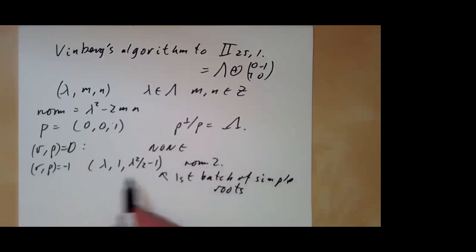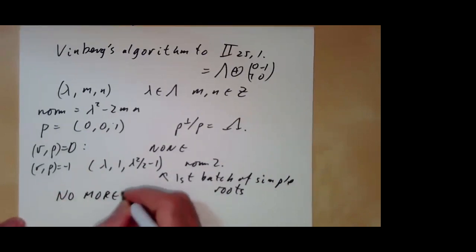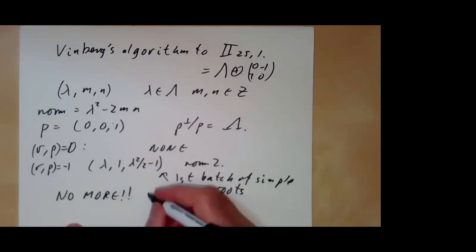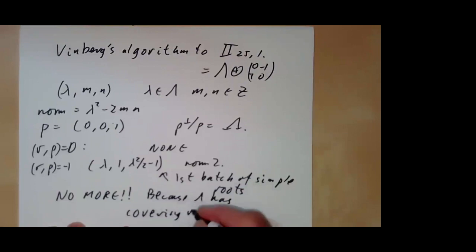So already we've got an infinite number of simple roots. And Conway made the amazing discovery that there are no more simple roots. The reason there are no more is because lambda has covering radius less than or equal to the square root of 2.